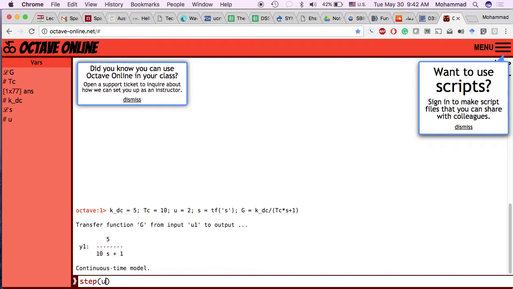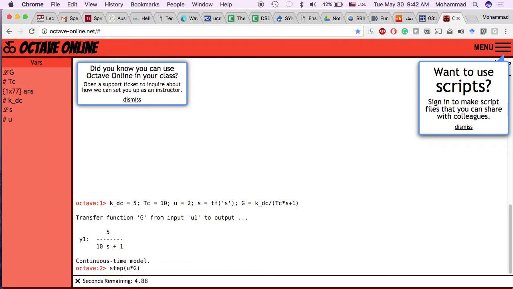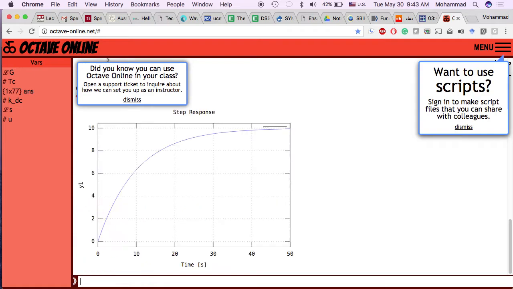So you say U times G. Basically, you're saying my input is U and my system is G, the transfer function that I just introduced, and then you close the parentheses. Okay? Whenever you're ready, hit enter. And that's the response of the system that you get.